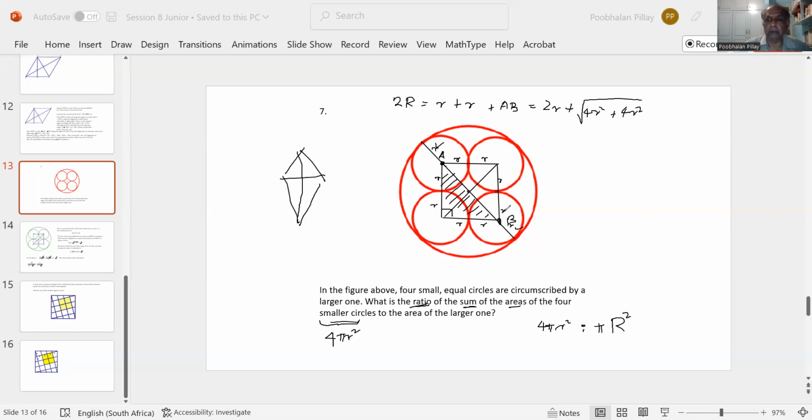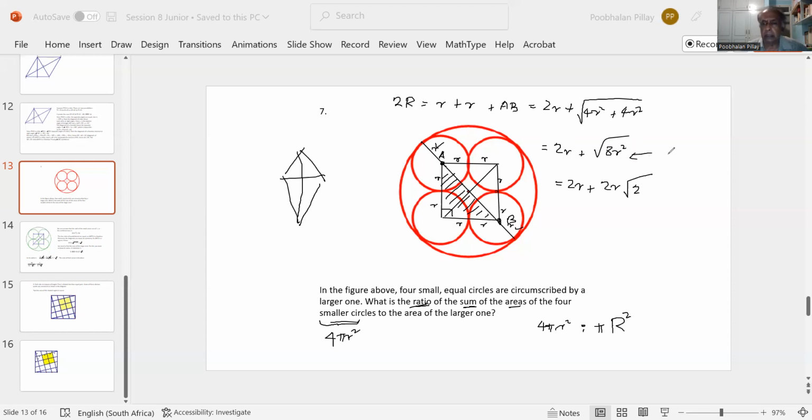The square root of that is the hypotenuse. So you can see this is 2r plus the square root of 8r squared. Here you can take out 4r squared times 2, and the square root of 4r squared is 2r, because 2r multiplied by 2r gives you 4r squared. So you're still left with the square root of 2.